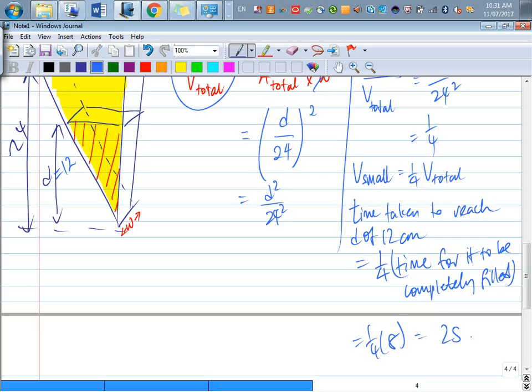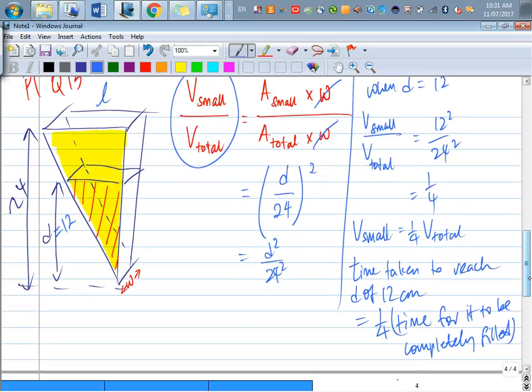Okay? I'm writing a lot of things down. Not everything is required because I'm just explaining. What I expect to see in order to help me mark will be this portion.